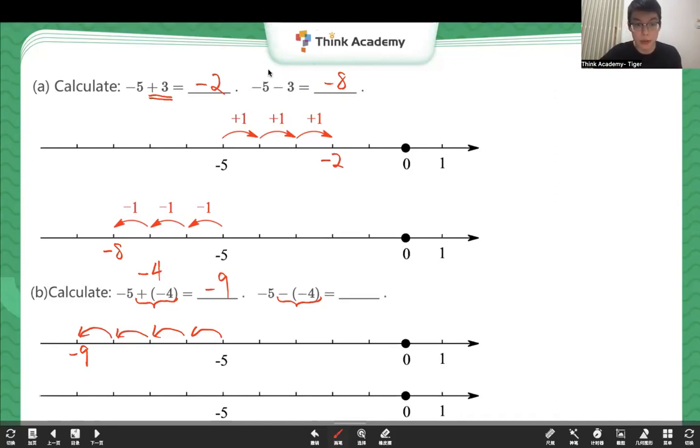Yes, that's right, positive. So it's going to be adding 4. If I'm adding 4 to a number, I know it is moving right on the number line, which means that after adding 4, minus 5 will go to minus 1. So the answer is minus 1 for this question. All right, does it make sense?